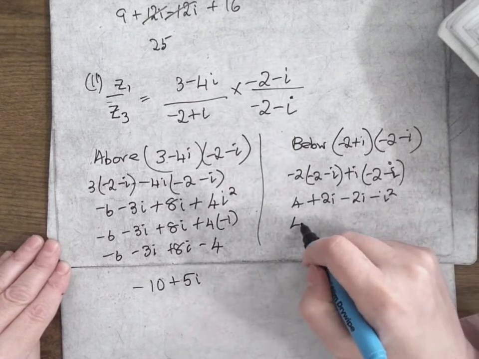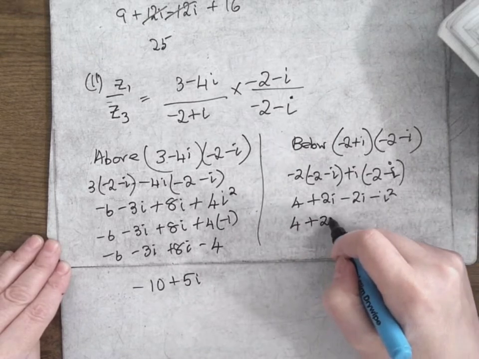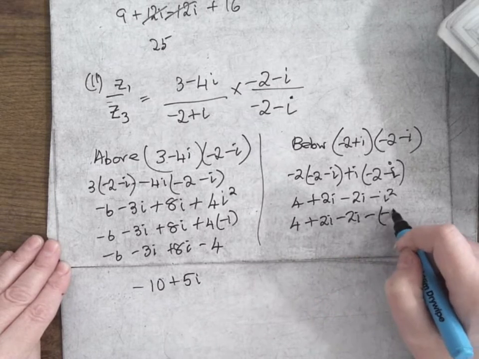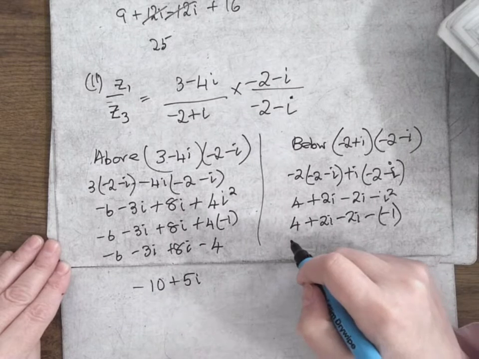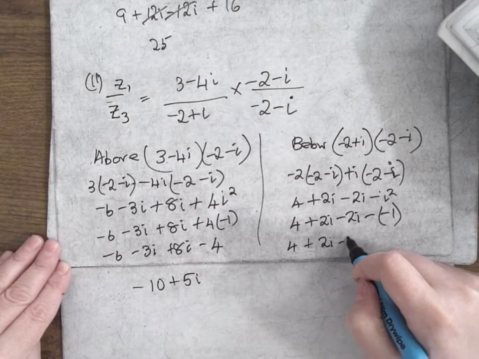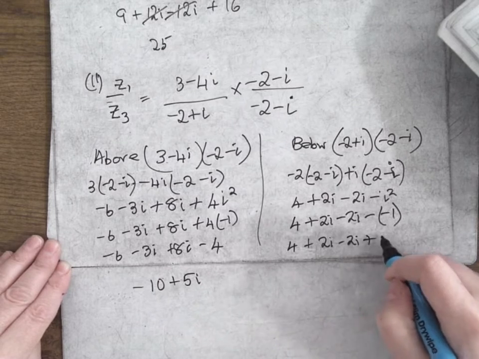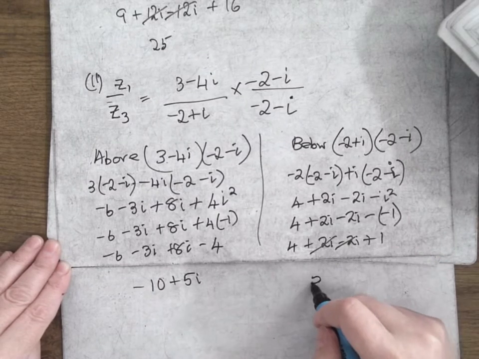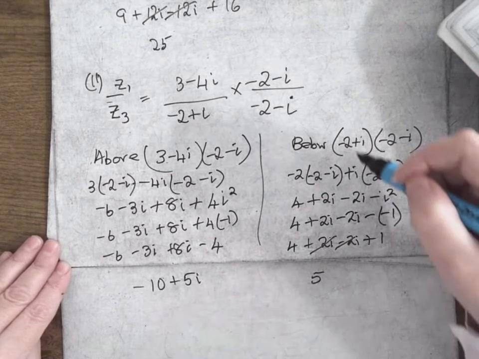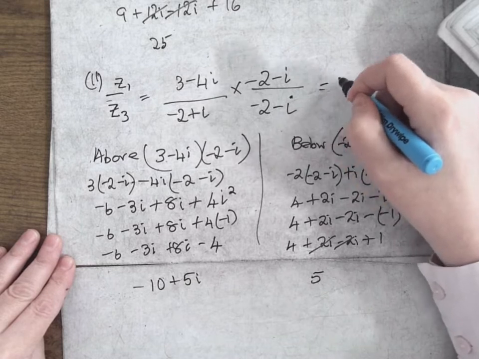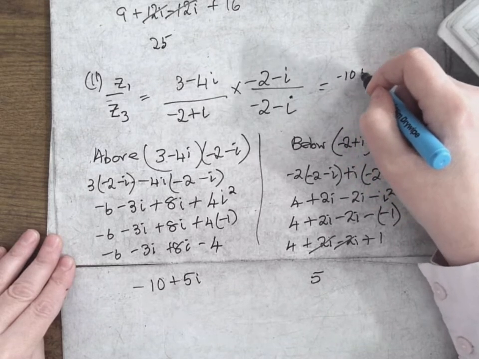So that's 4 plus 2i minus 2i minus minus 1. Okay, so that's 4 plus 2i minus 2i plus 1. The i's cancel, and 4 plus 1 gives me 5. Okay, so can I go back up here to put it back together? So I have minus 10 plus 5i on top.